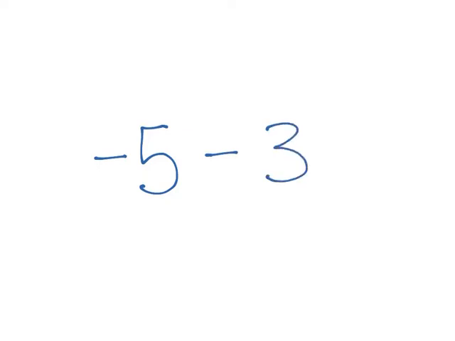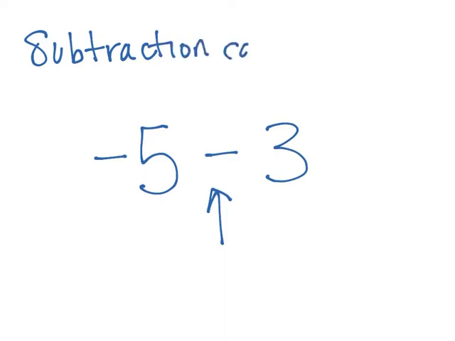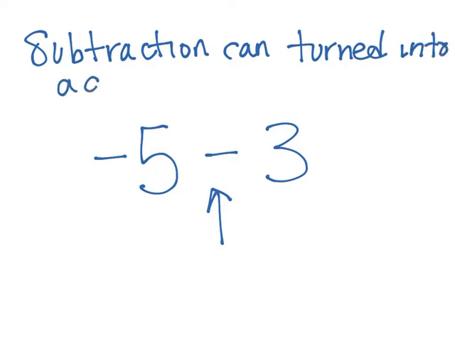Any subtraction problem, and this is a subtraction because we see a minus sign, needs to be turned into an addition problem. All subtraction problems can be turned into addition.